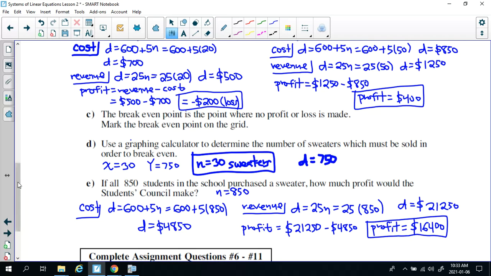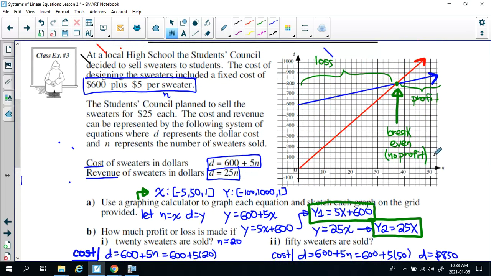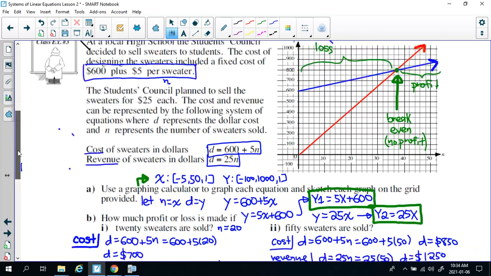So again, go back up to the graph here. 850 would be well in this profit zone. In fact, it'd be completely off the graph because the graph only goes up to about 50 sweaters sold.